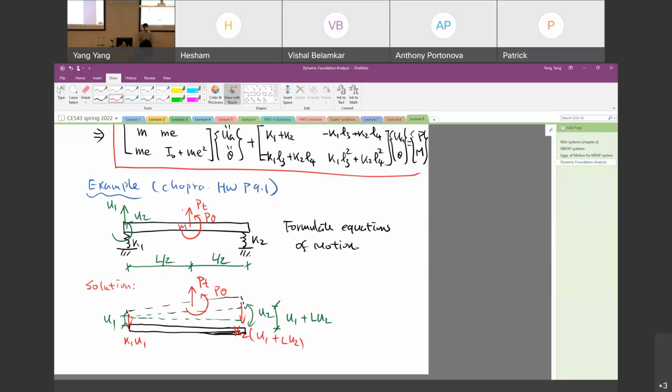How about the inertial forces? The inertial force in this case is a distributed force.